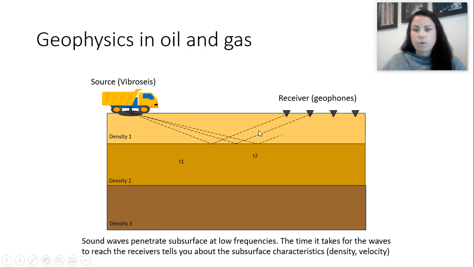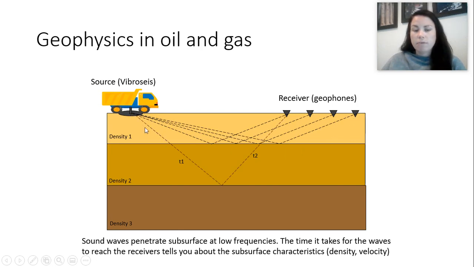As the distance between the source and the receiver varies, like you see here with this example, we can see that it would take different times. It would take a longer time for the source to reach the receiver that's further away.